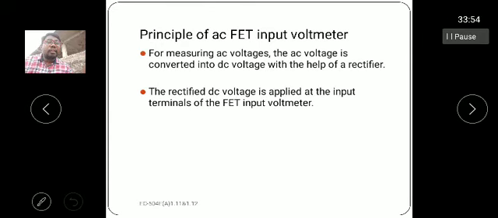Again, the next point is the principle of the AC input voltmeter.